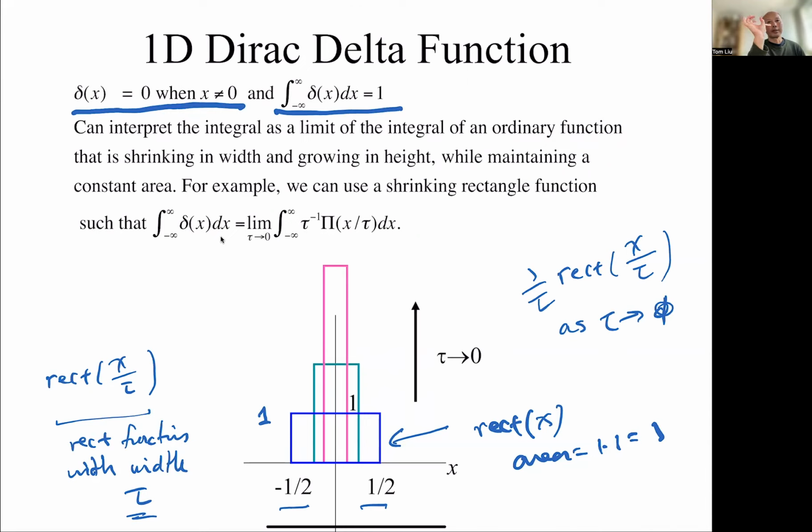But to keep the area of 1, as we shrink it, we also have to make it taller. So the limiting function, if you take the limit as tau goes to 0, that's your impulse, your Dirac delta function. Because this has area of 1.